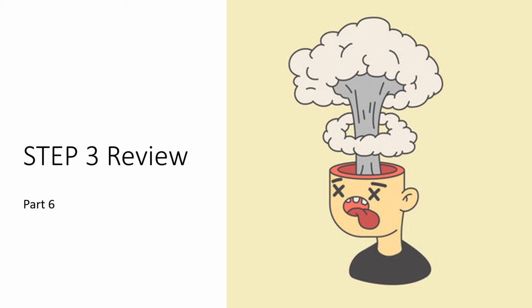So main things to watch out for there: low potassium, low sodium, low magnesium, high calcium. So if the person already has high calcium, I would avoid it. High sugars, high triglycerides, and high uric acid. Okay, so those are the key things I think to know about with thiazides.